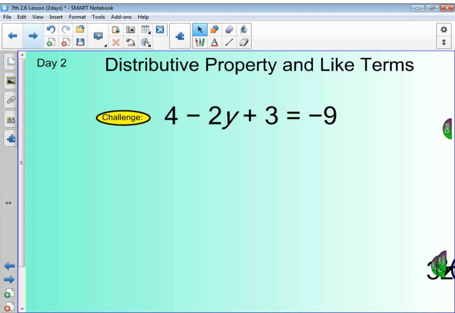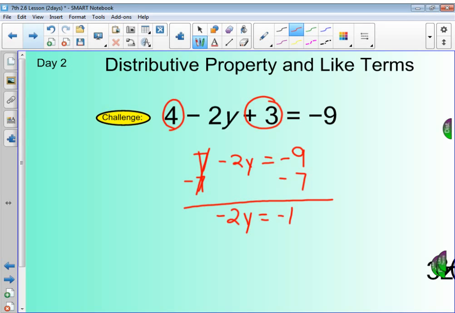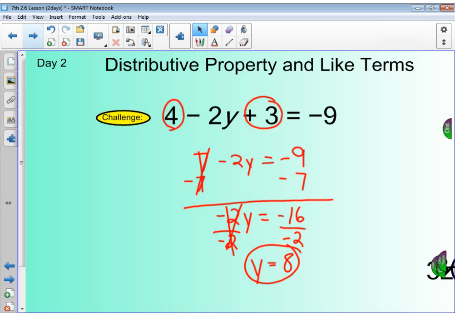So go ahead and pause your video and work your way through this one. You should have gotten y equals 8.